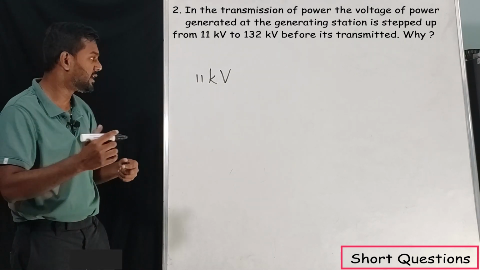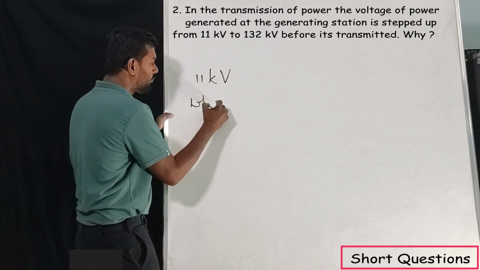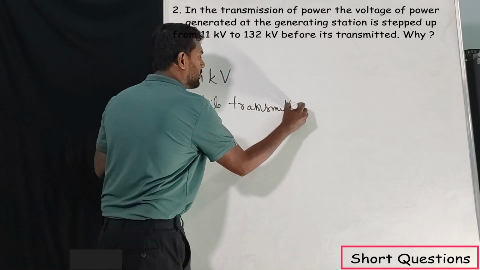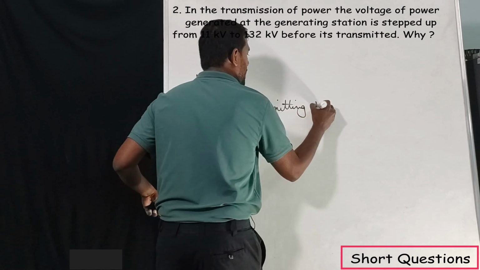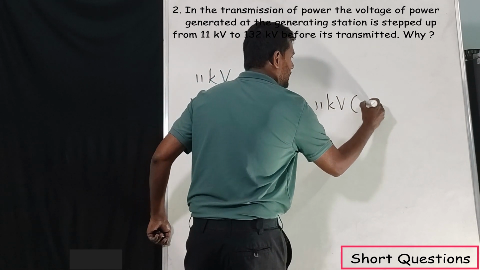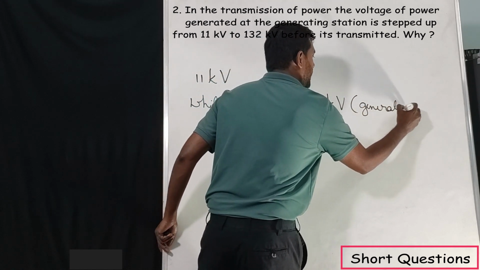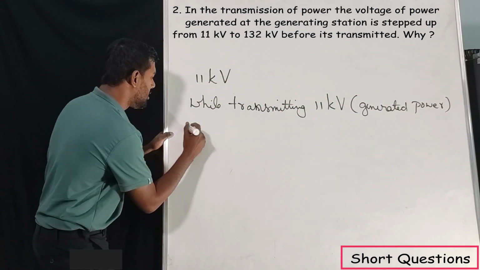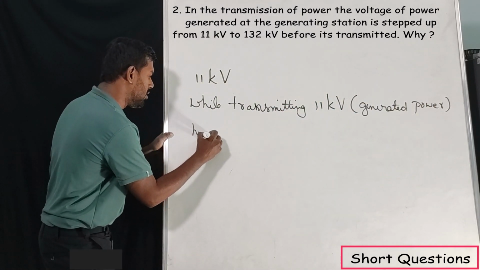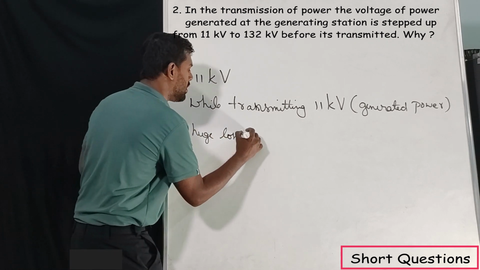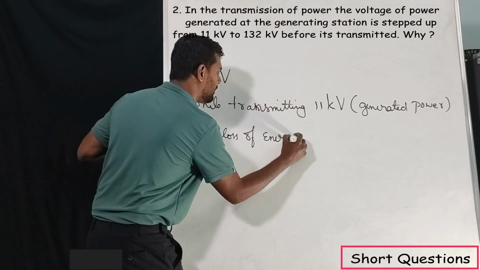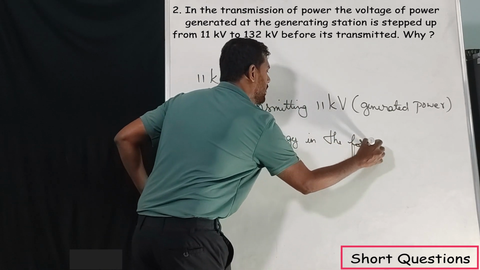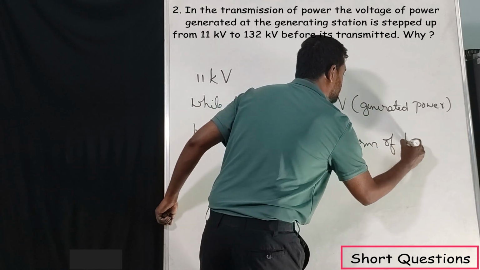Then why are they increasing it? See, while transmitting at 11 kV, the generated voltage, there will be a huge loss of energy in the form of heat.